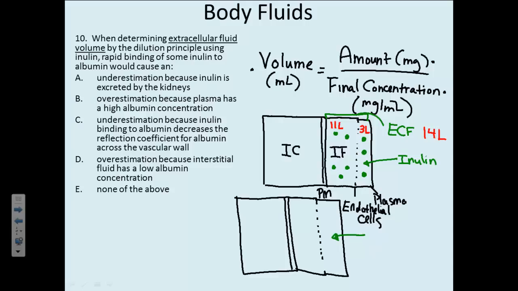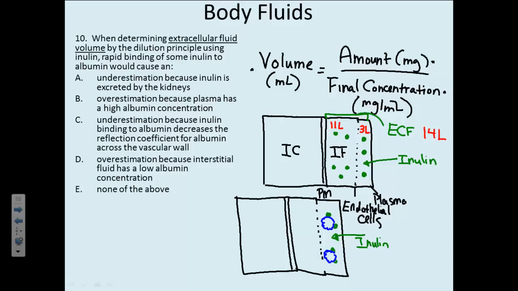We would be adding in our inulin and it would be going into the plasma. But we have an interesting situation here. It's mentioned in the stem of the problem that instead of inulin being able to freely pass out through those endothelial cell clefts into the interstitial fluid, here inulin is actually binding to a large protein inside the plasma called albumin.